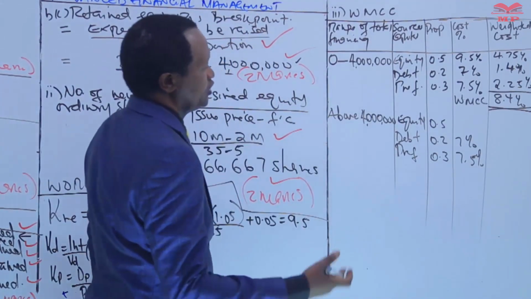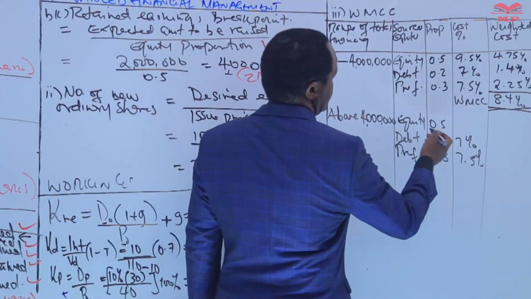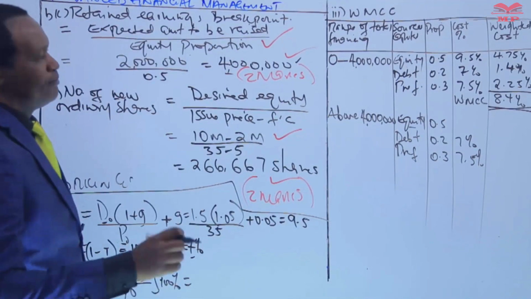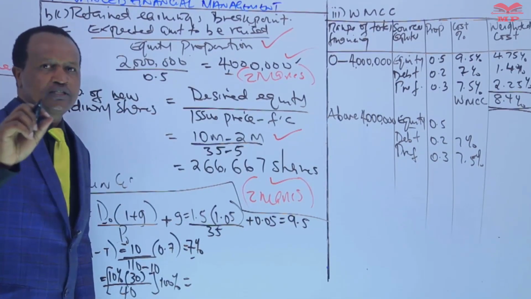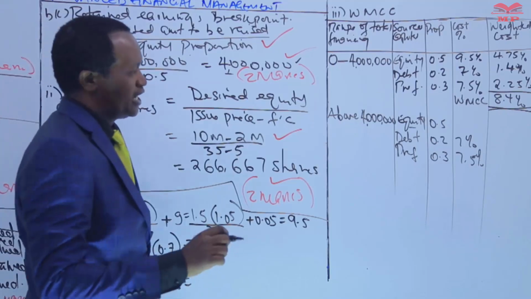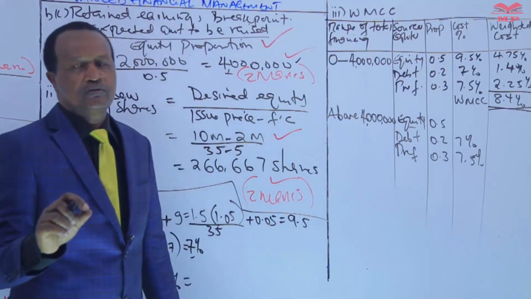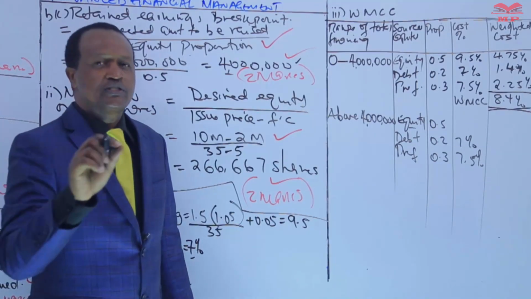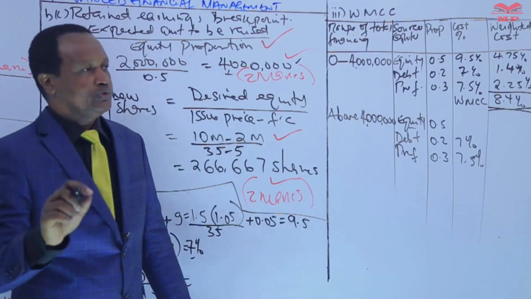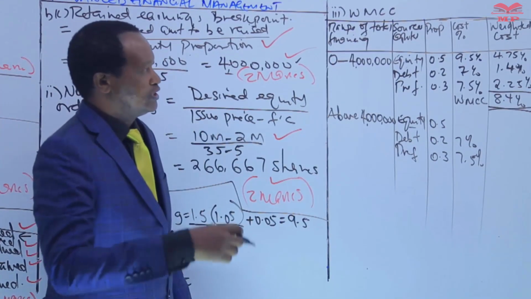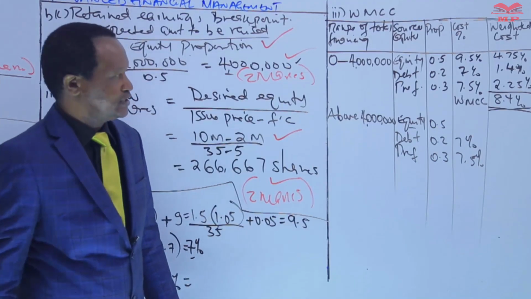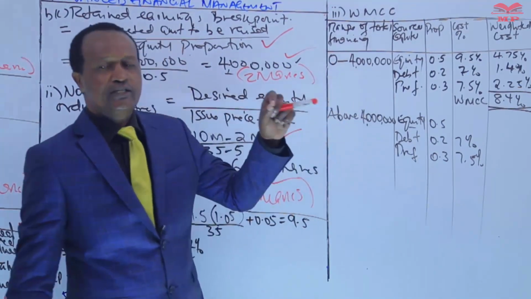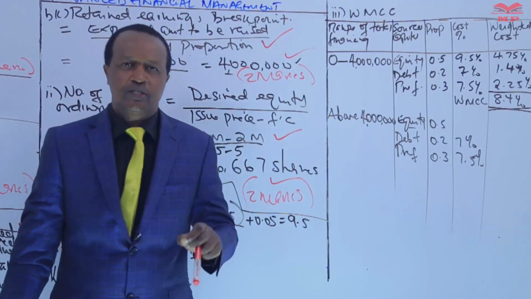So the only cost that will change is equity, because above 4 million we are no longer going to use retained earnings; the company is going to issue new shares, because 4 million is the retained earnings breakpoint.